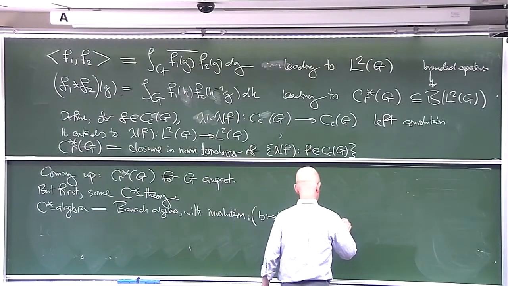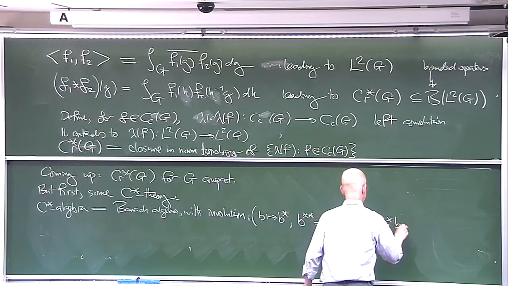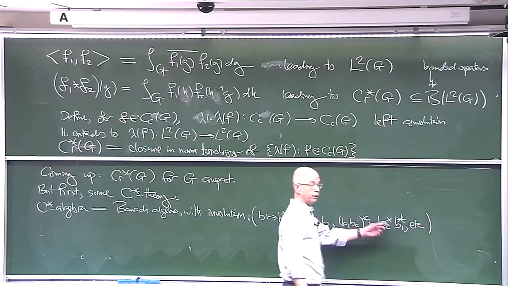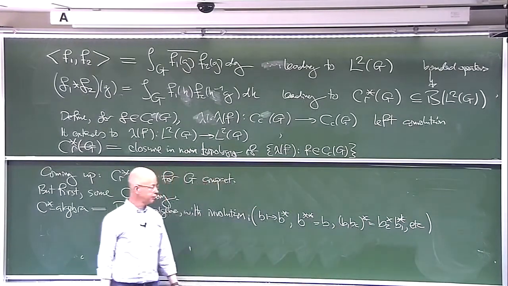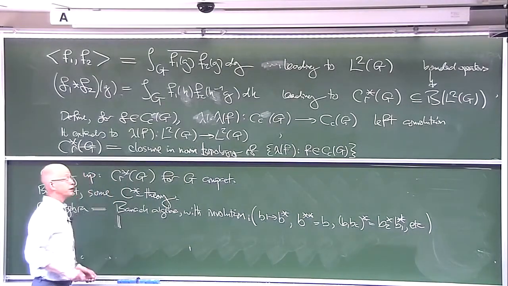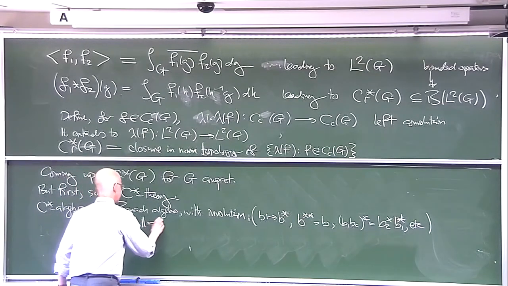I'll just write down a couple of them here. I guess the only other law is that the star operation should be conjugate linear. And there's only one other thing to write down, which is this wonderful C-star identity.